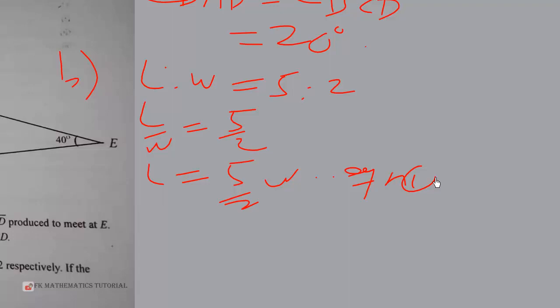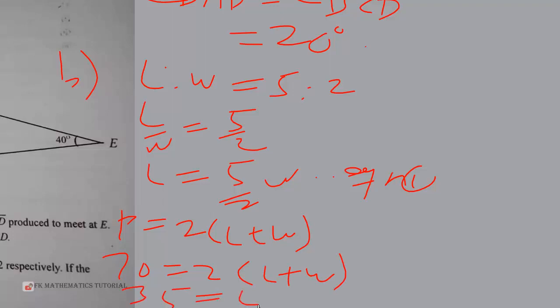The next information says the perimeter of the rectangle is 70 centimeters. We know that the perimeter of a rectangle is given by 2 times (length plus width). So 70 will be equal to 2 times (L plus W). Dividing through by 2, you get 35 is equal to L plus W.